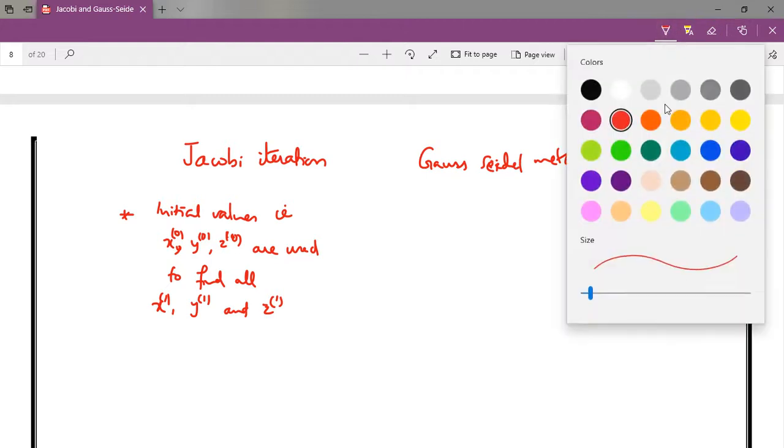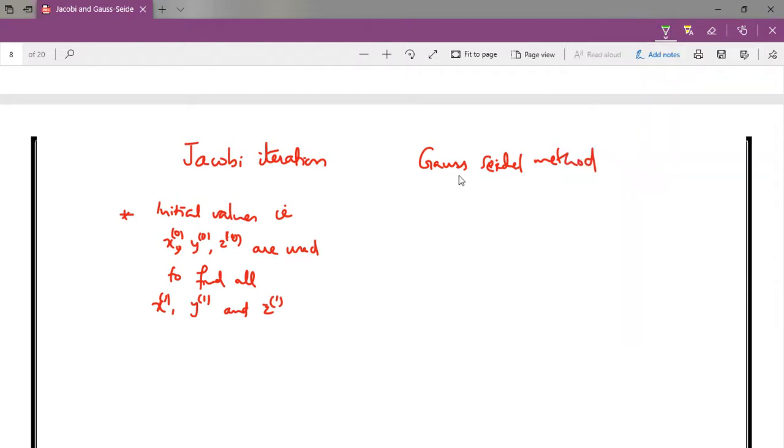Here what we do in Jacobi iteration: the initial values x0, y0 and z0 are used only to find x1.